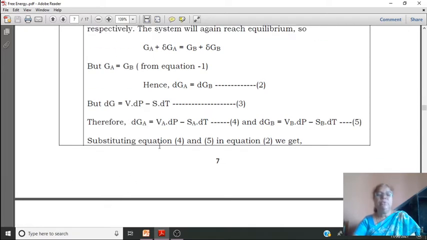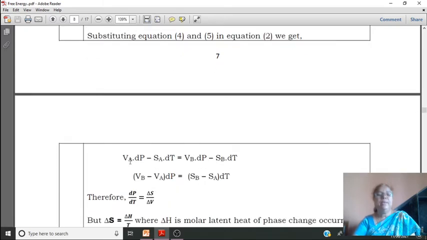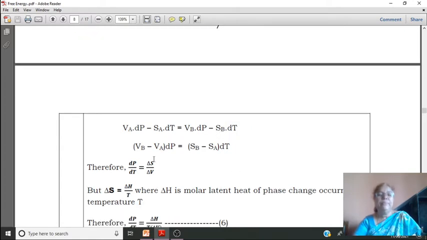Then substituting equations 4 and 5 in equation number 2, we get VA dP minus SA dT equals VB dP minus SB dT. We can write this equation as (VB minus VA) dP equals (SB minus SA) dT.